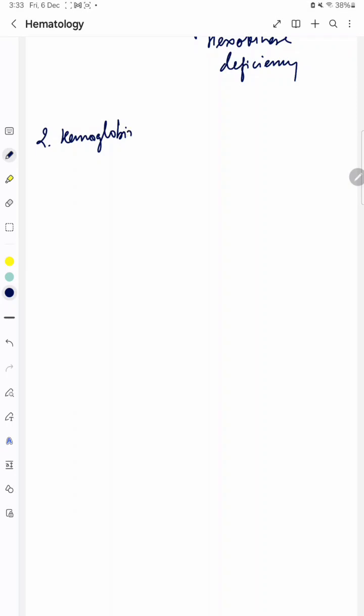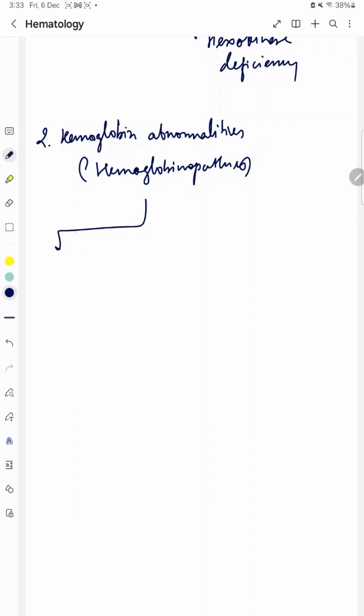The other category of increased RBC destruction is hemoglobin abnormalities or hemoglobinopathies. If there is a defect in production of globin chain, as we know, hemoglobin is composed of heme plus globin.